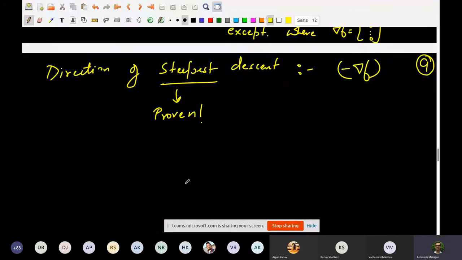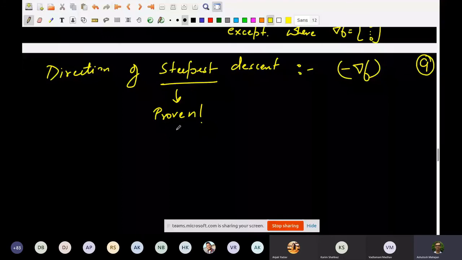Such are professors. So the minus of the gradient is where we want to go. The opposite of the gradient is the steepest descent direction.